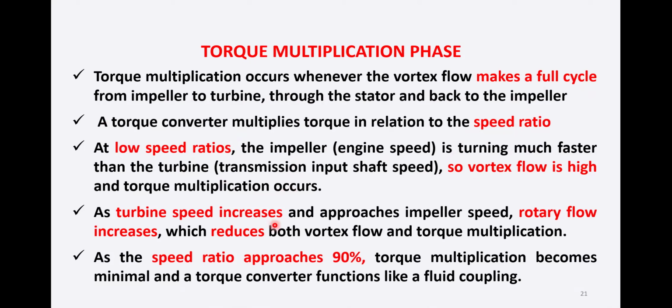As the turbine speed increases and approaches impeller speed, the rotary flow increases, which reduces both vortex flow and torque multiplication. As the speed ratio approaches 90%, the torque multiplication becomes minimal and the torque converter functions like a fluid coupling. So this was the previous lecture regarding automatic transmission, the torque converter.